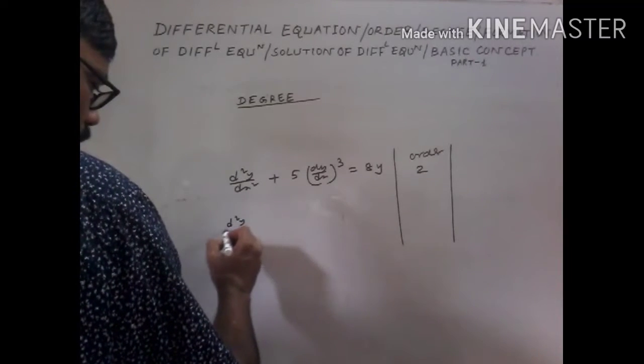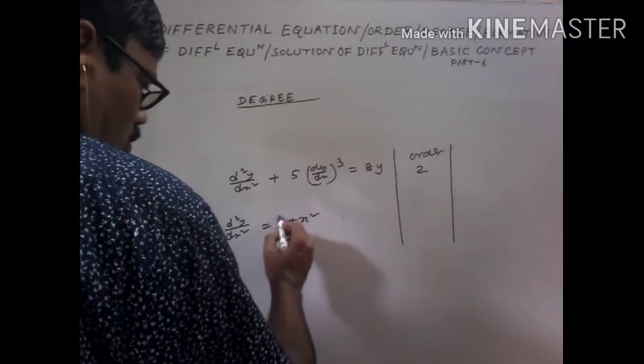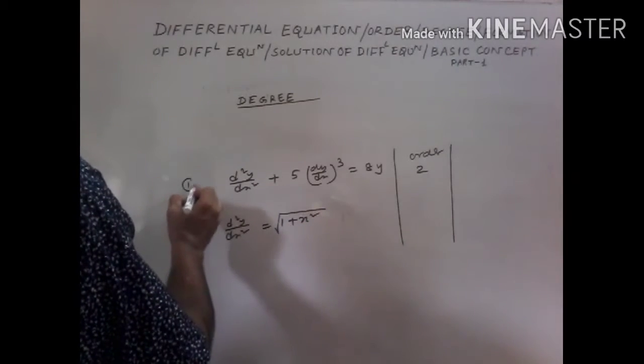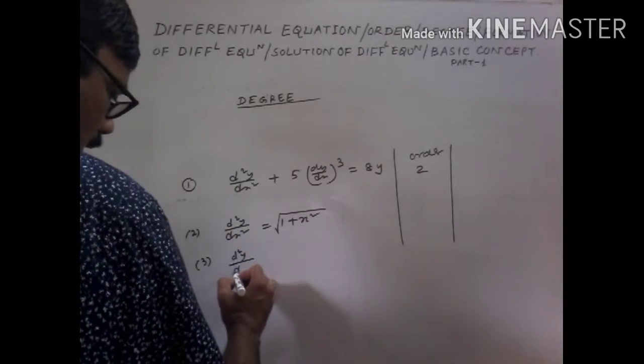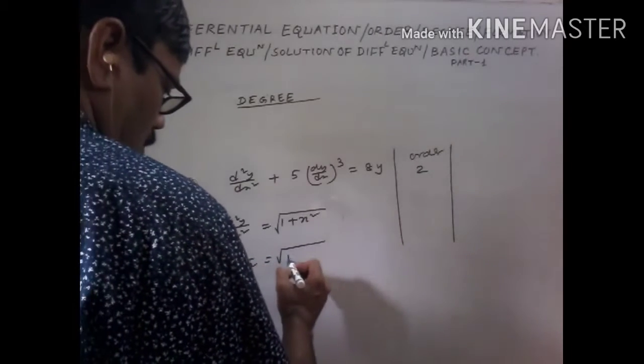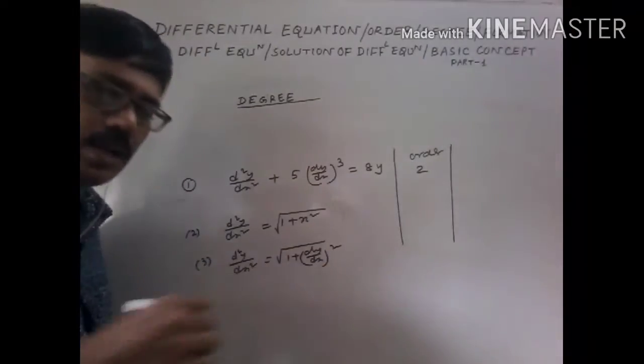Now we consider one more example: 1 plus x square. This is 1, this is 2. And the third one is d2y dx2 equals root over 1 plus dy dx whole square.